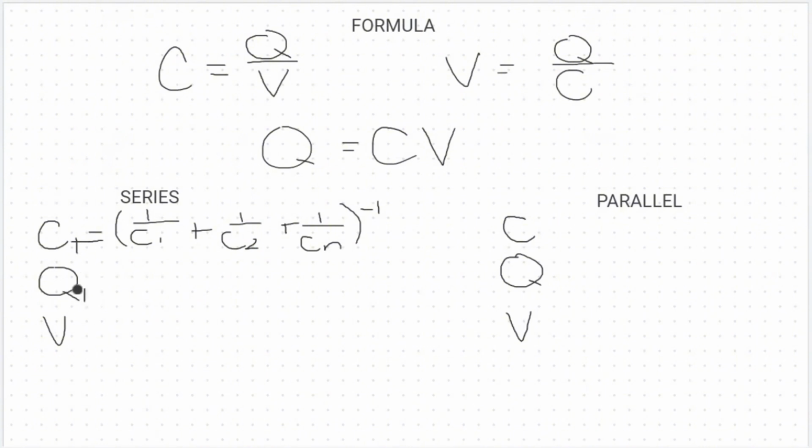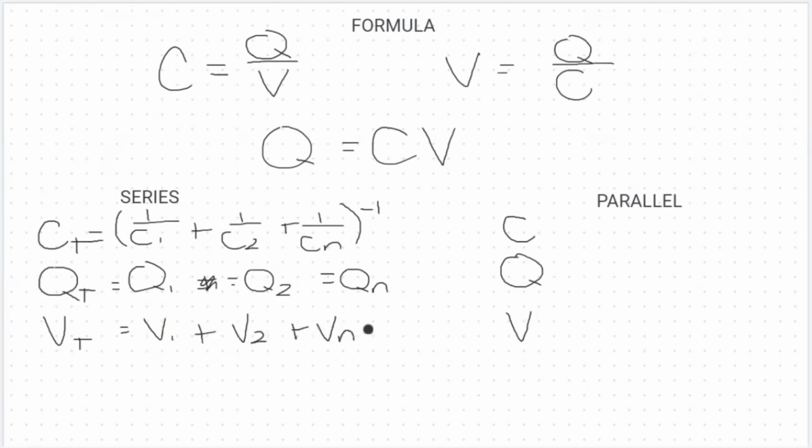Now, for our total charge, this is simply just equal to each other. So the total charge is equal to Q1, is equal to Q2, and is equal to Qn. However, for our total voltage for series, it is the summation. So it means total voltage is equal to V1 plus V2 plus Vn and so on.